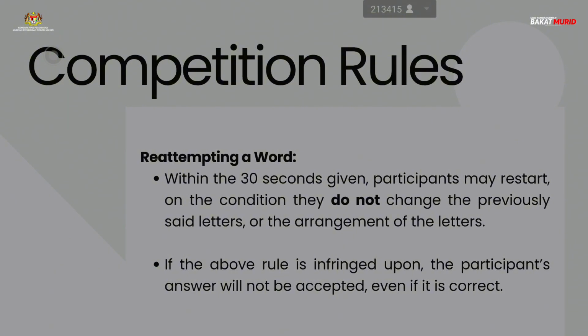However, the letters that have been said cannot be changed, neither the arrangement nor the letters. If these rules are not complied with by your students, they will face elimination, they will be disqualified.